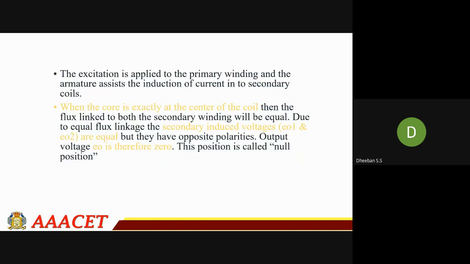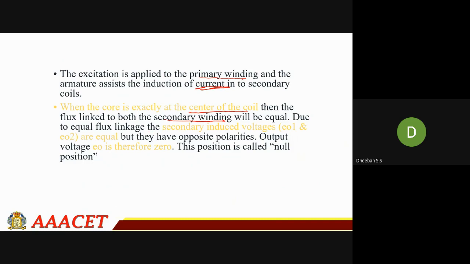The excitation is applied to the primary winding and the armature assists the detection of the current. This is just the basic principle we have studied in the transformer. When the core is exactly at the center of the coil, equal flux linkage is linked to both secondary windings.